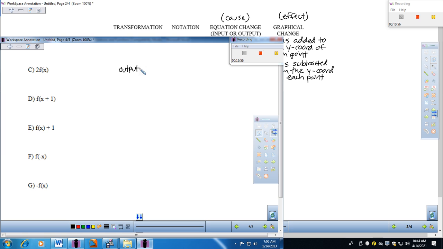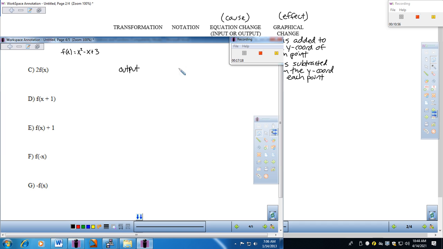Now, how would you deal with this? And by the way, I should probably put that function just above so we have that. I know it's on the front side of your page. I think it was x squared minus x plus 3. So that should give us a bearing to do C through G here. If this is f of x, this whole thing right here, I'm going to essentially multiply it by a factor of 2. So this says take your f of x, and this is what f of x is, and just multiply it by 2.